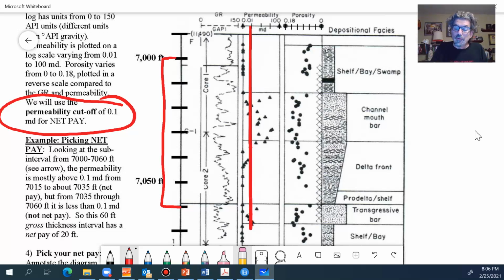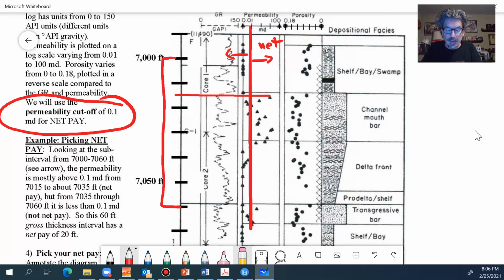Okay. So everything to the right is net pay. Everything to the left is not. And so let me use my ruler here again. That's the top of my net pay.